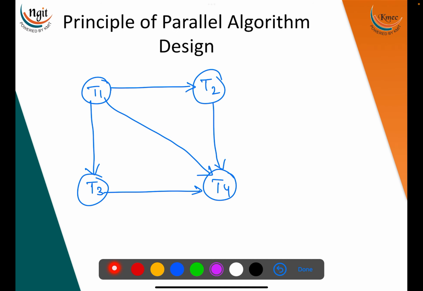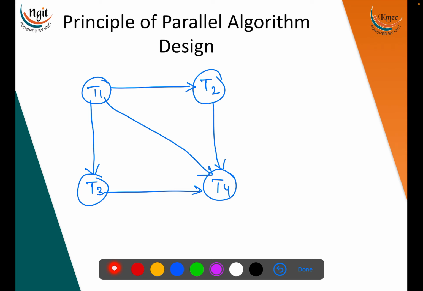Now let's talk about the principle of parallel algorithm design. On what basis can I divide the whole problem into sub-problems, how do I implement it, and how do I get the output of each sub-block?